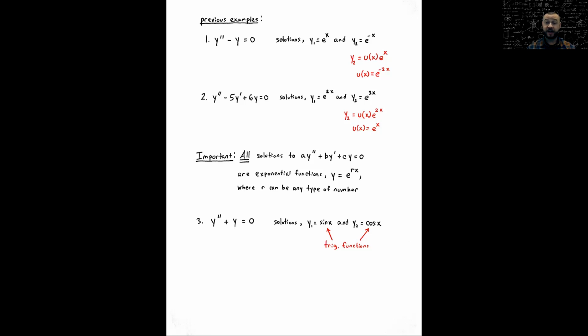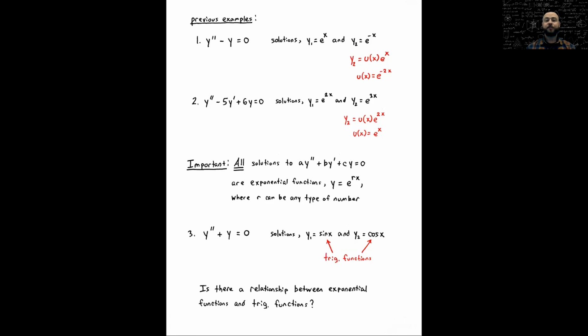Sine and cosine, those are trig functions. And there seems to be an immediate contradiction. Sine and cosine are not exponential functions, as that important remark right above is claiming to state. So how in the world are we going to resolve this? We see clearly that sine and cosine are solutions to this differential equation, but yet there's this remark or theorem saying all solutions should be exponential functions.